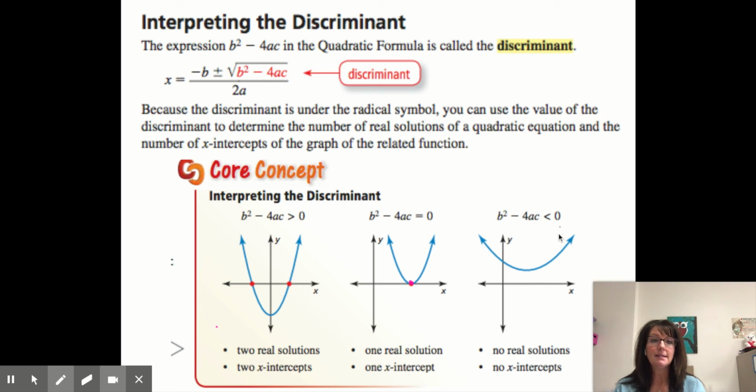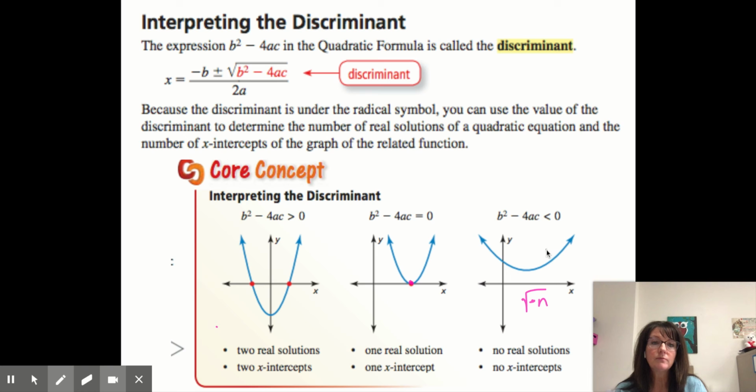When it is less than 0, this is when you have a negative value under the radical. We do not have real solutions. We don't have any real value to understand, like what number times itself will give you a negative value. We don't have one. So there are no real solutions, no x-intercepts, and that's when the parabola will be kind of floating above the x-axis, or if it's going down, it could be floating below.